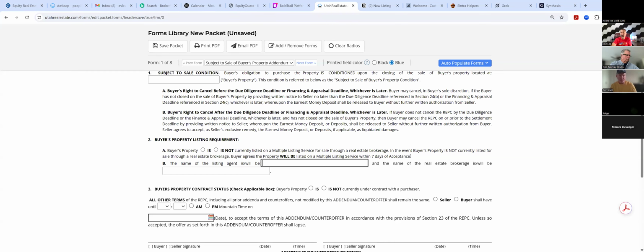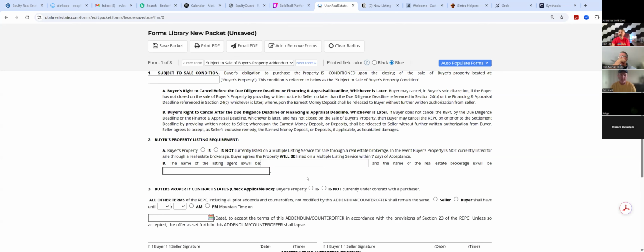Well, that's why it specifically says, in the event the buyer's property is not currently listed for sale through a real estate brokerage, it will be on the MLS, and you have to go through a brokerage to have it on the MLS, right? Exactly. And the name of the listing agent is or will be, if the buyer's agent is also going to list it, or if they've picked somebody else, whatever, we want to know.